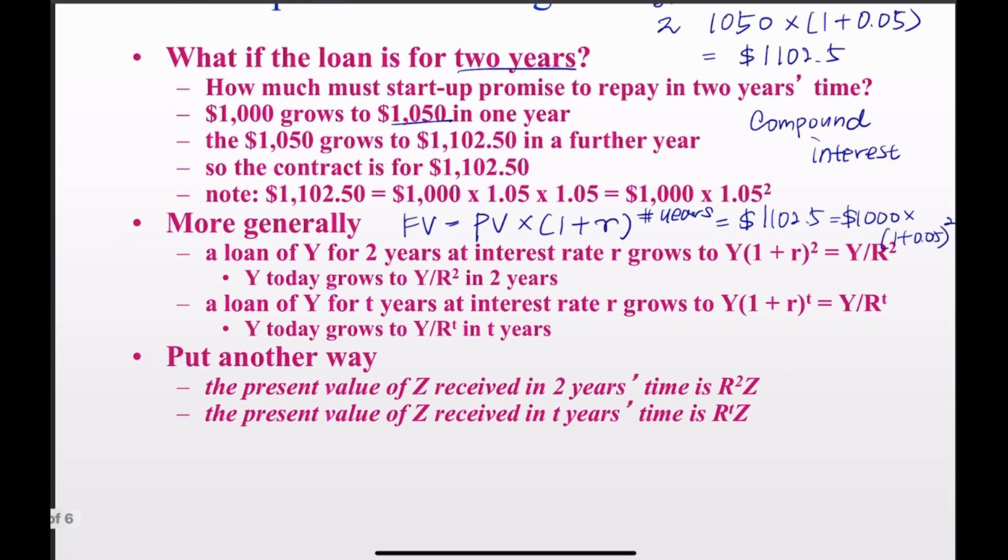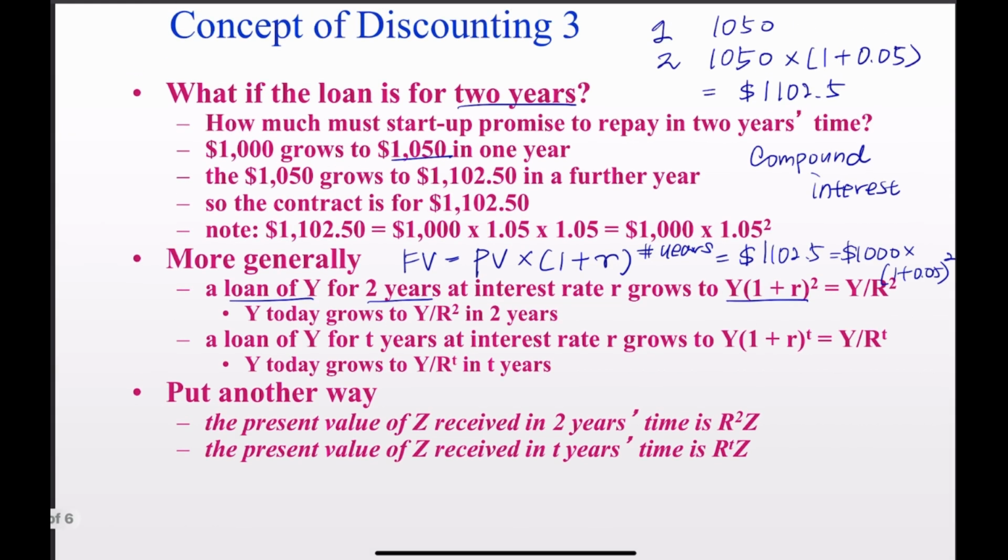Okay, so for 2 years, if we have a loan of Y, it grows to Y times 1 plus R squared. And as before, we define the discount factor as 1 over 1 plus R. So for the second year, it would be 1 over 1 plus R squared, so we can say Y over (1 plus R) squared.